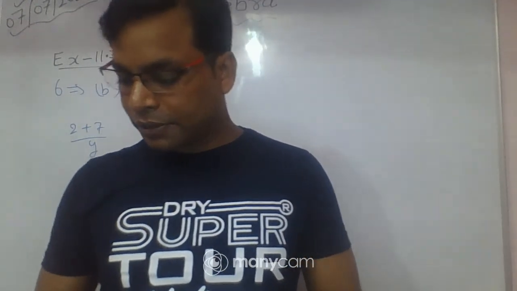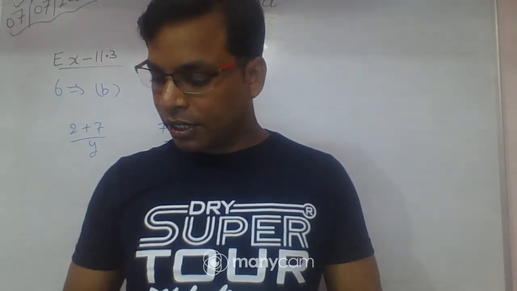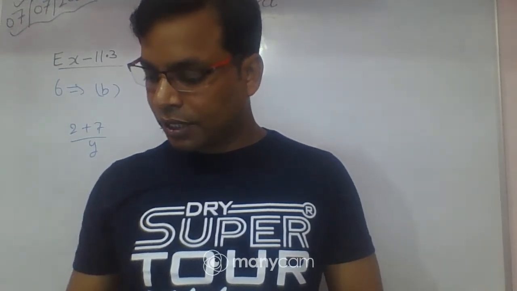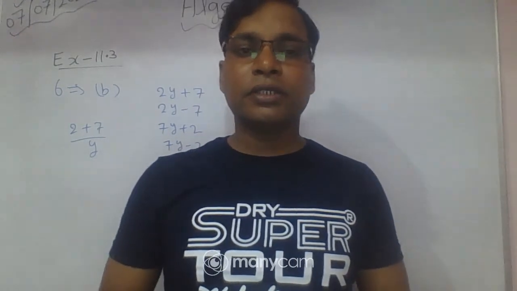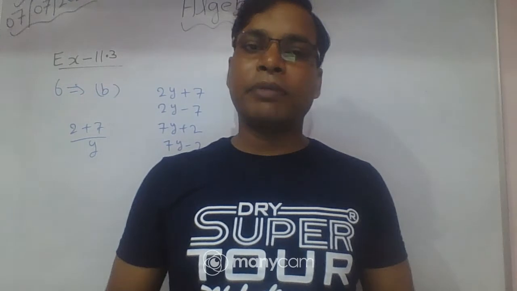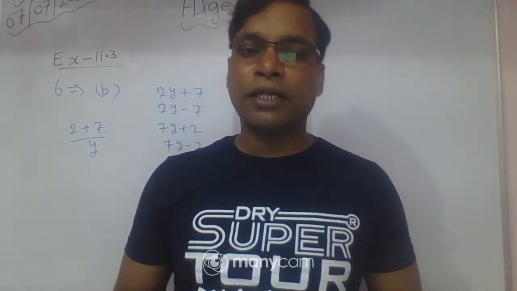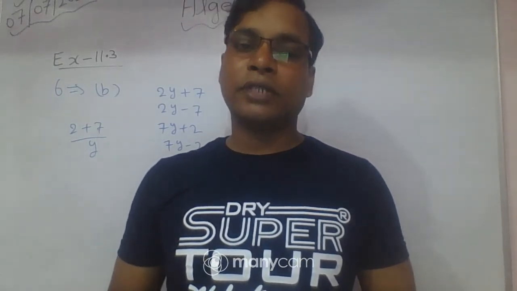And the third part: Sarita's grandfather is 6 times her age. So what is the age of her grandfather? 6 times means 6 multiplied by. Sarita's present age is y years, so grandfather's present age is 6 times Sarita's age.